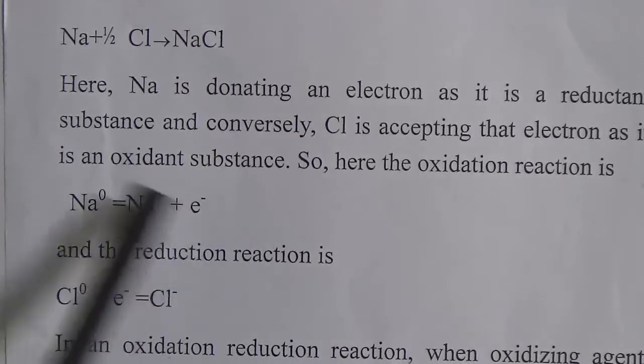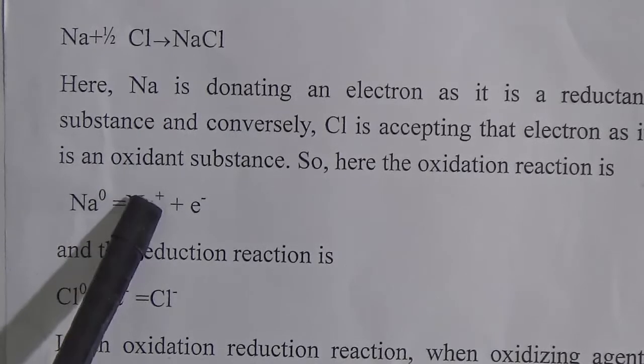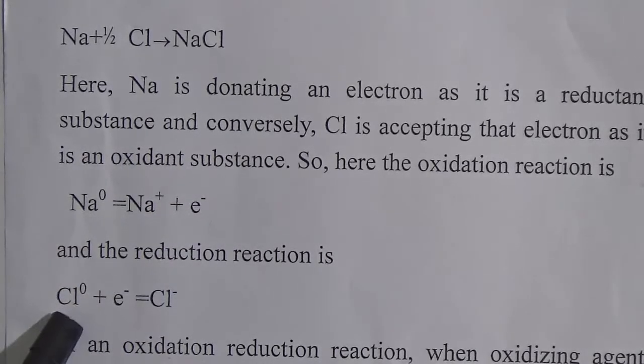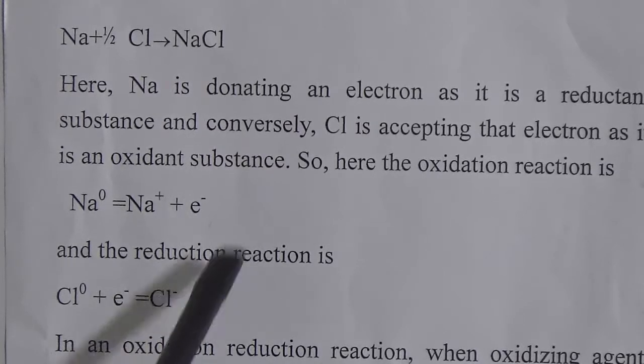After donating one electron, it becomes sodium cation, that means its oxidation number becomes +1, and these electrons are taken by the chlorine. In the reduction reaction, the chlorine when it was free gas had an oxidation number of 0, and it takes the electron given off by the sodium, and it becomes chloride anion, and its oxidation number is -1.